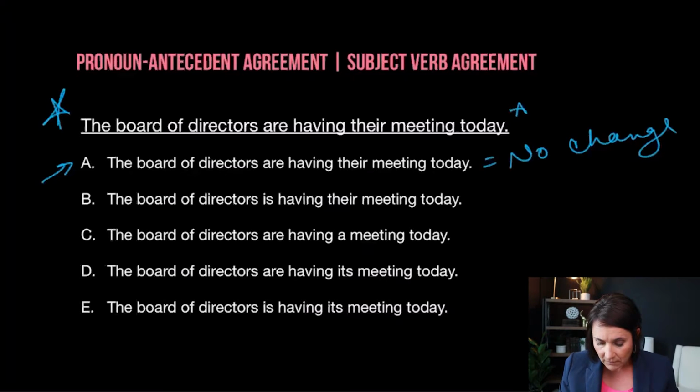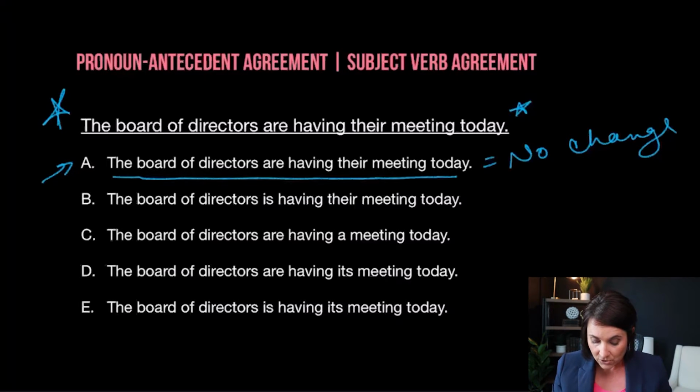And so this is always going to be no change. It's going to be the exact same thing that was given at the top, okay? So you don't have to read A. B, C, D, and E are all revisions of whatever is going on in the sentence, okay? So A is always going to equal no change, and everything else is going to be some sort of revision that you can do there, all right?